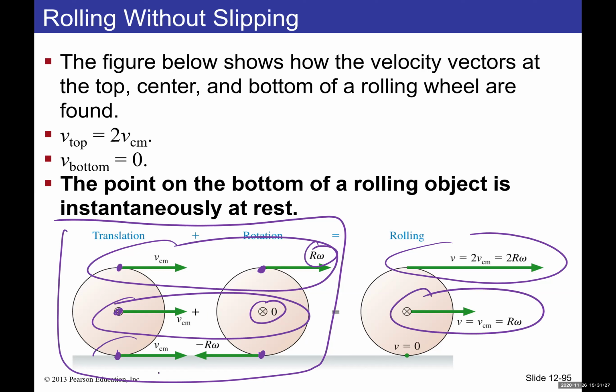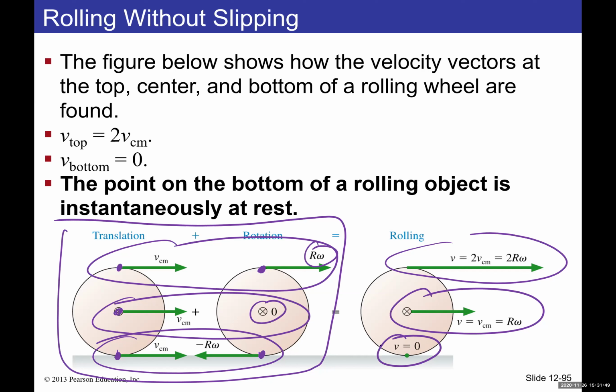At the bottom, translational velocity is to the right, rotational velocity is to the left, so you get 0 velocity at the bottom. And that's the important thing. If an object is rolling, the bottom of the rolling object is instantaneously at rest.